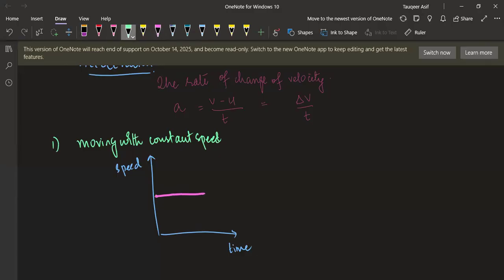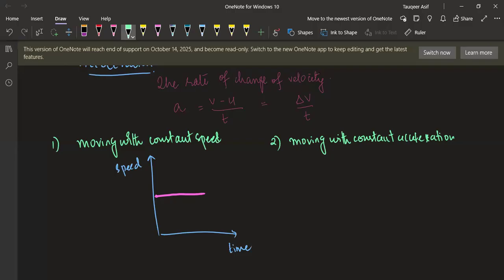And if the body is moving with a constant acceleration, it'll be a diagonal line upwards. So what does constant acceleration mean? Is it moving with the same speed? Are you sure?